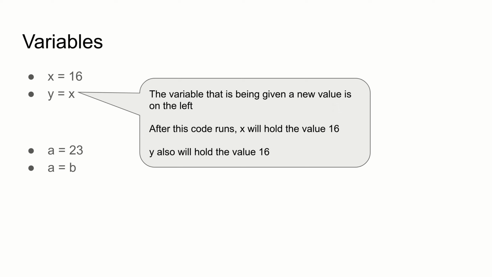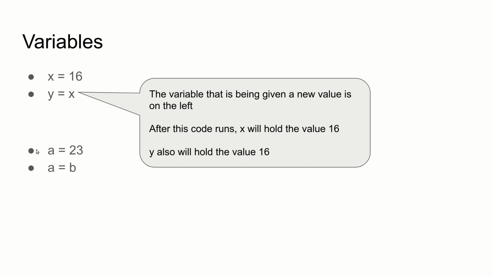I found the cat, he was in the garbage, whatever. The he there, you and I know, refers to the cat. And in the same sense, the programming language will be able to reference whatever x currently is and say, yeah, look that up. Oh, it's 16. All right, well then y gets 16 as well.